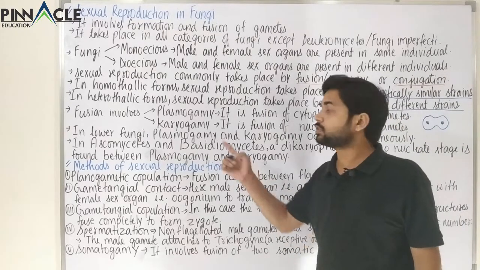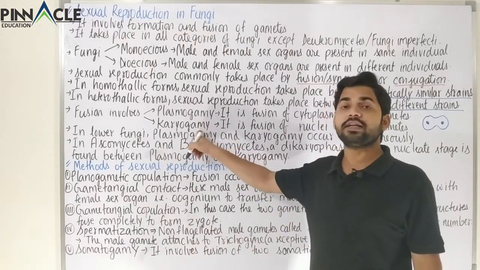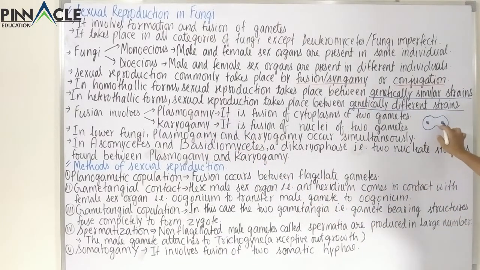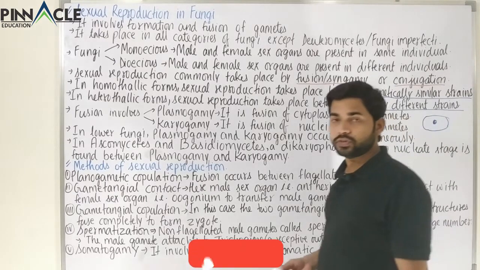After this plasmogamy, the next event is called karyogamy. Karyogamy means that these two nuclei will become one. So the two nuclei are becoming one single nucleus, and the cell will become one single cell. So this is what fusion is over here.